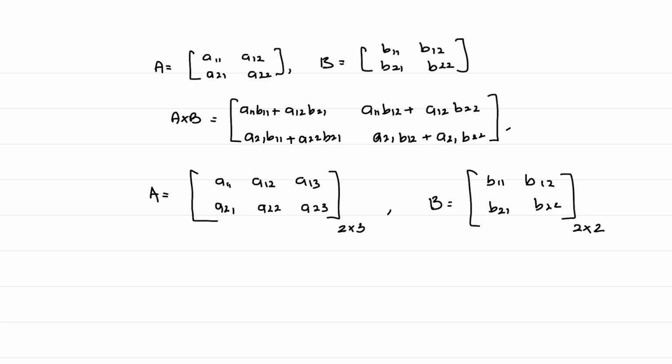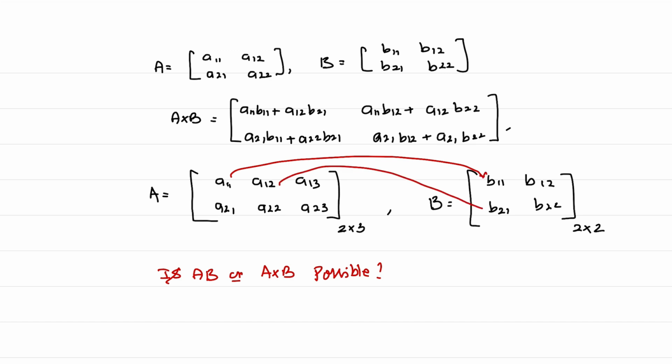Can we multiply? Is A into B possible? Tell me. Here, for example, with A11 we can multiply B11. With A12 we can multiply with B21. But what happens to A13?